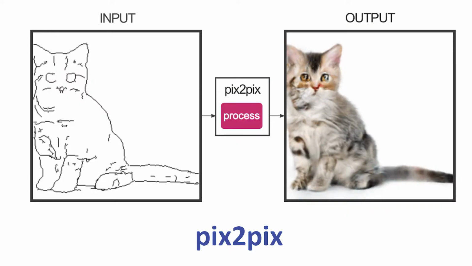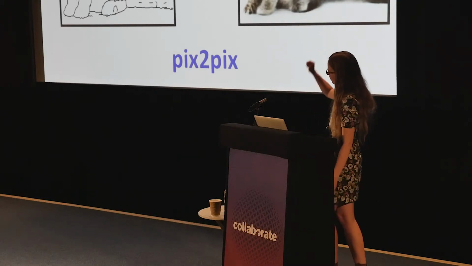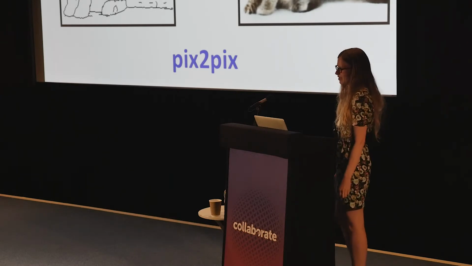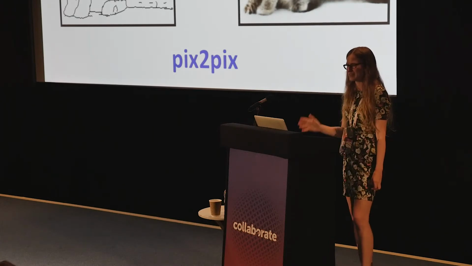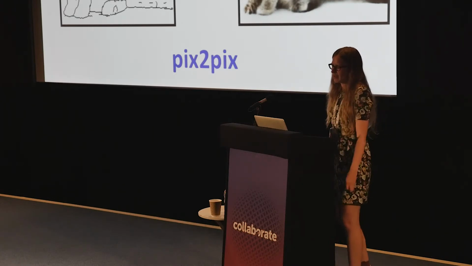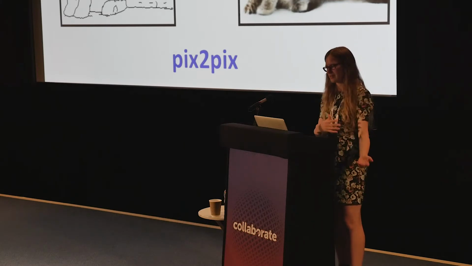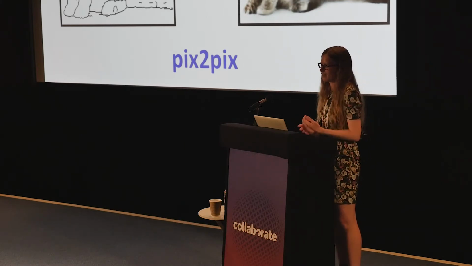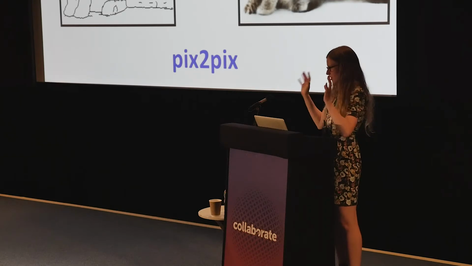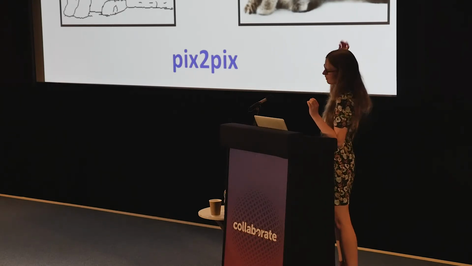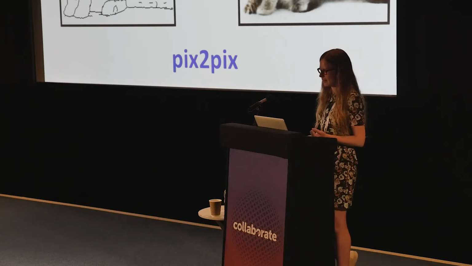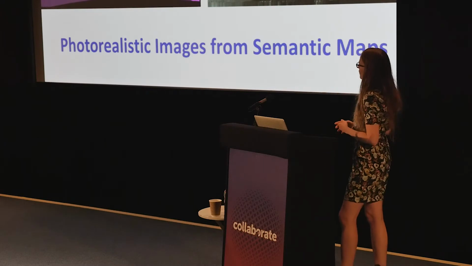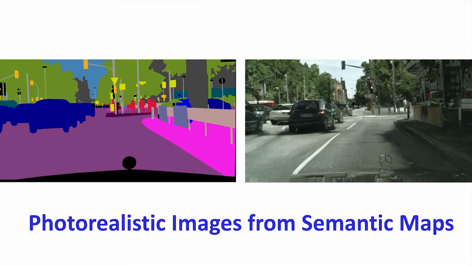And if you wanted to have a photorealistic cat, but you could only draw one, then there was this Pix-to-Pix technique that was very popular about a year or so ago, with lots of artists applying it in their field, and also with lots of opportunities available online where you draw and then you get various handbags or shoes that are now photorealistic. And there's the same from semantic maps.